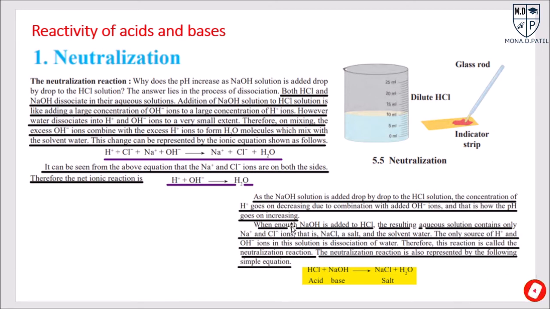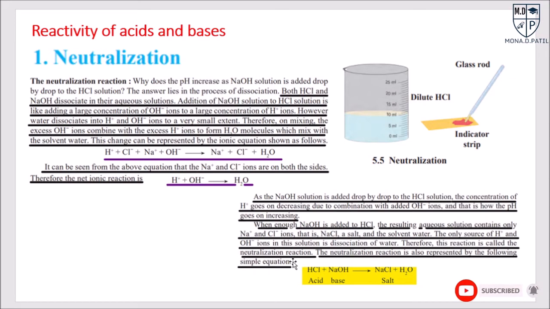When enough NaOH is added to HCl, the resulting aqueous solution contains only the sodium cation and chlorine anion, that is NaCl, a salt, and solvent water, the only source of H plus and OH minus ions. In this solution, there is only dissociation of water, therefore this reaction is called the neutralization reaction.